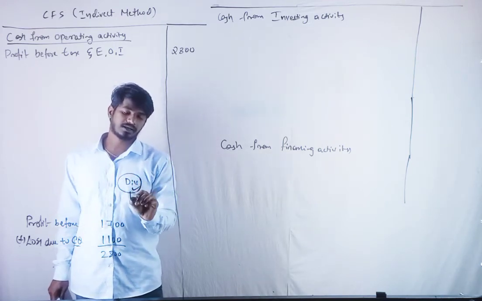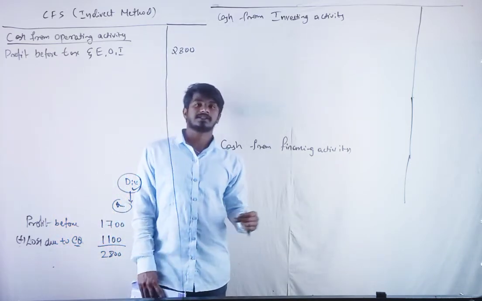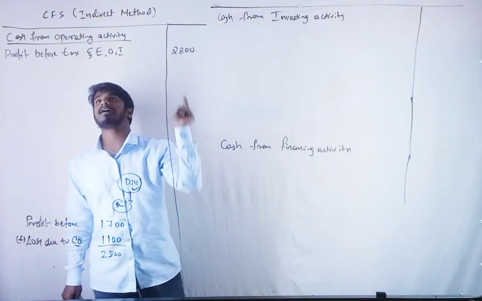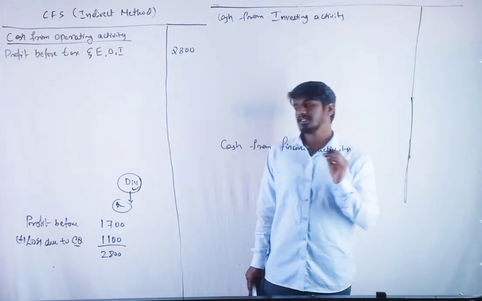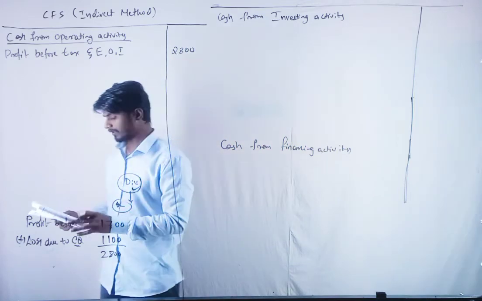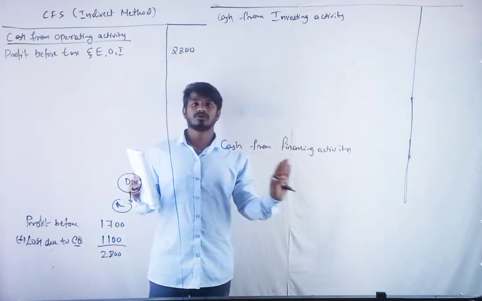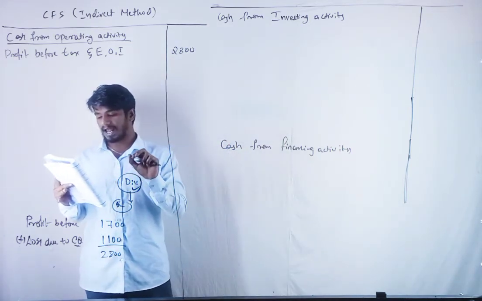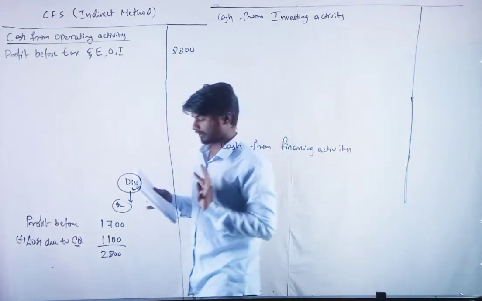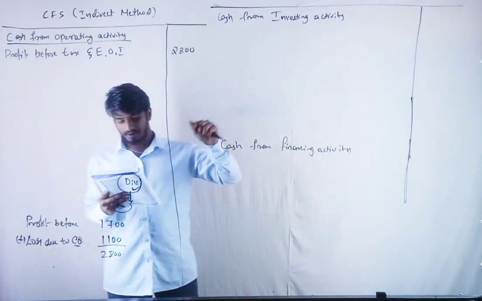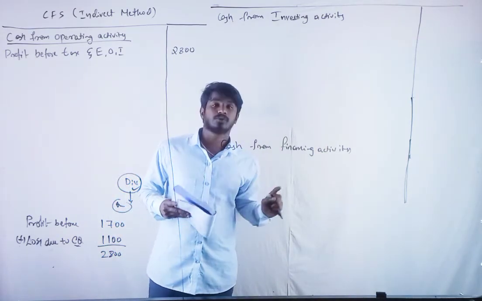But there is another treatment. We will show it in the operating activity itself, that is in the profit. Already it is added to the profit. We won't do anything. If they didn't add, you will add that.